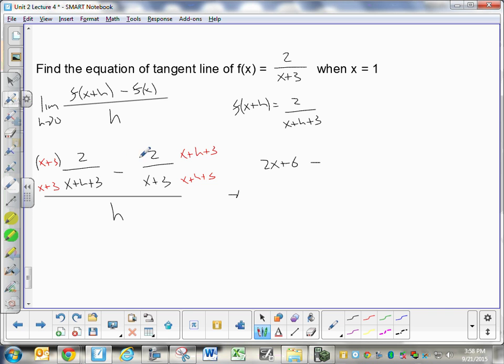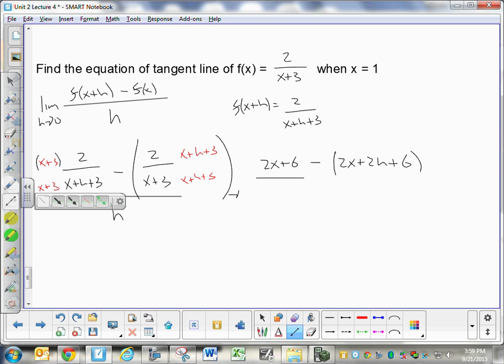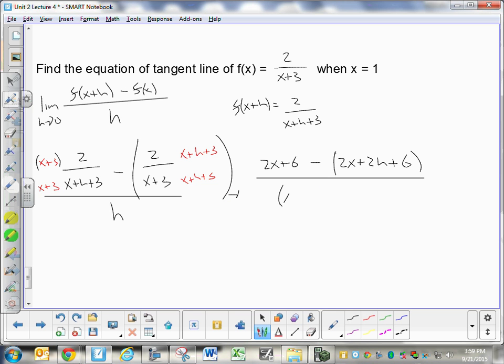Then I'm going to subtract, and this is important. This is when we subtract the entire thing. Well, I'm going to subtract the entire numerator, 2x plus 2h plus 6. And then that will be divided by my common denominator, which is the quantity x plus 3 times the quantity x plus h plus 3.